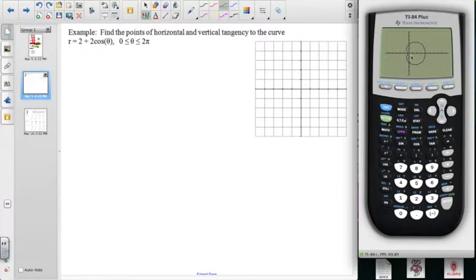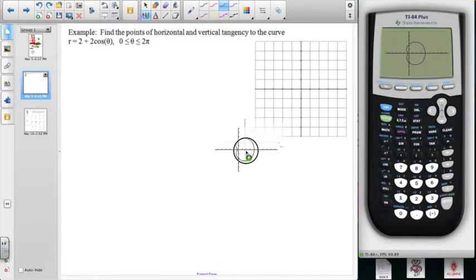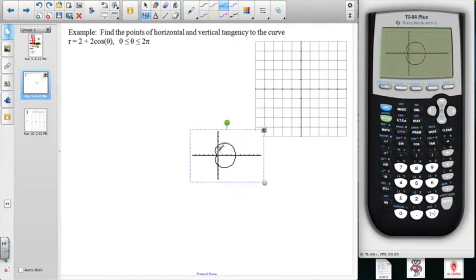We'll get to the name for that when we finish up this series of slides here. But I think it looks kind of like an apple or a tomato.